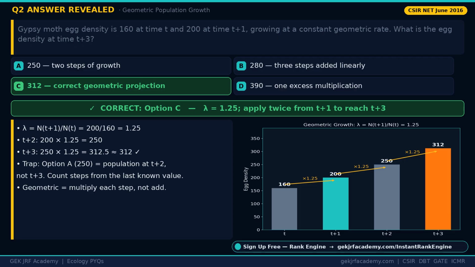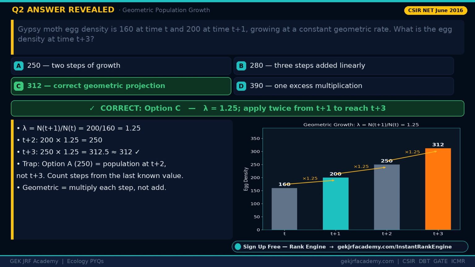Now apply lambda from t plus 1 to reach t plus 3. That is 2 more steps. At t plus 2, 200 multiplied by 1.25 equals 250. At t plus 3, 250 multiplied by 1.25 equals 312.5, which rounds to 312.